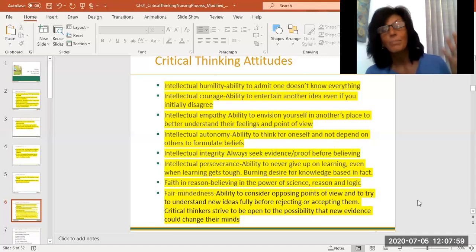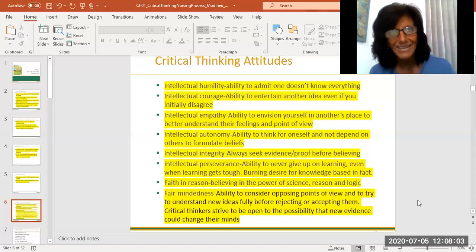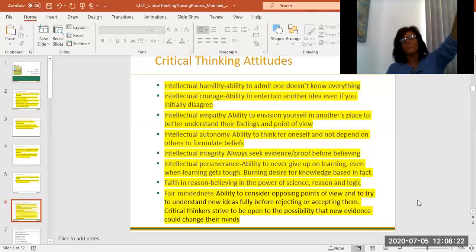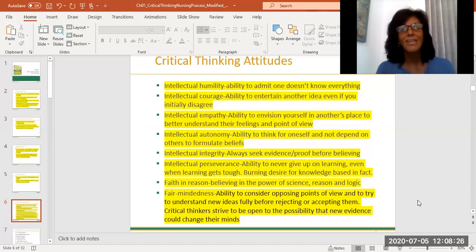Faith and reason is believing in your heart of hearts in the power of science and reason and logic. Okay, we're not basing these things on emotion. Science, reason, and logic. And then fair-mindedness. It's the ability to consider an opposing point of view and to try to understand a new idea before you say, nope, don't want to hear it. Nope, this is the way it is. This is what I think. That's called concrete thinking, and that's not healthy, okay?